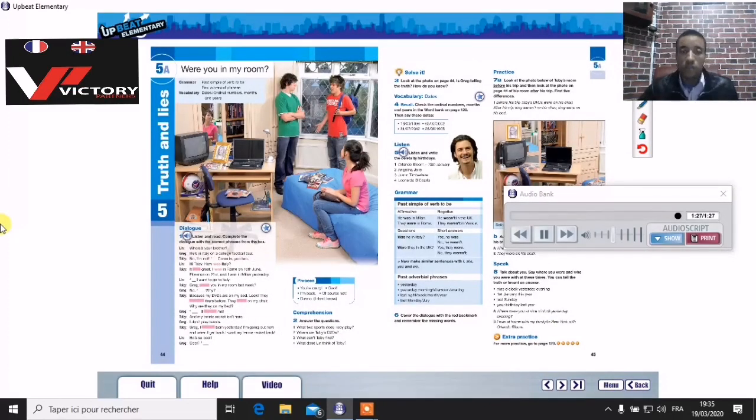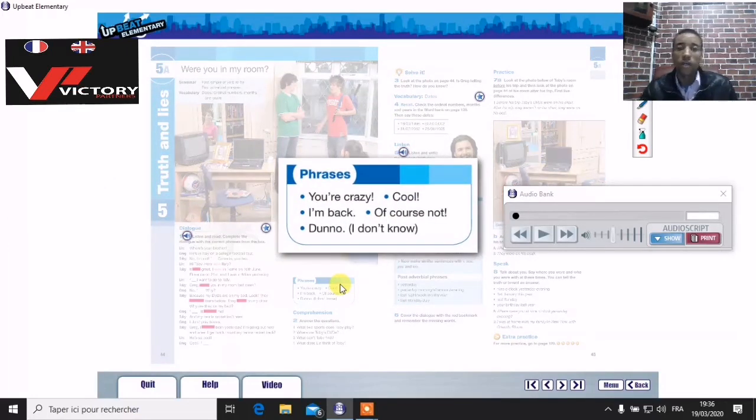Right. So after listening to the dialogue, I think that you have filled in the blanks with the appropriate structures. Now we go to some phrases here that are mentioned in the dialogue. You're crazy, right here, and cool means nice.